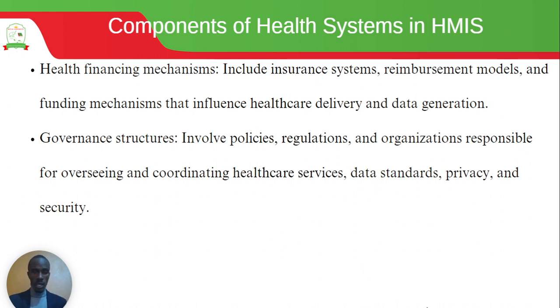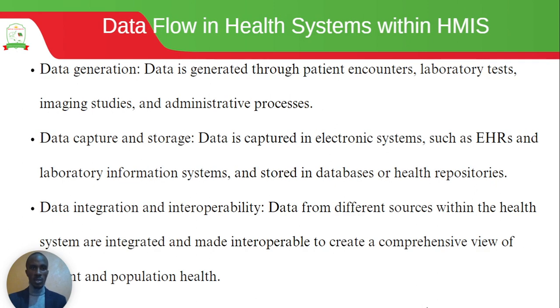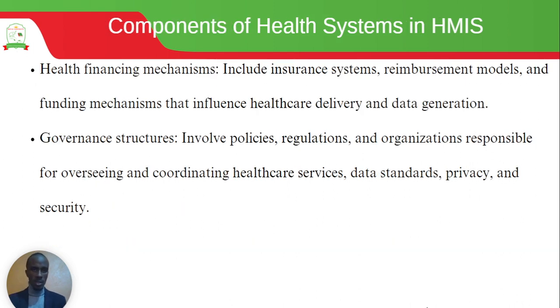They are also essential in promotion of privacy of the patients from whom this information is collected, and in putting in place standards of exchange of this health information. So those are the components of the health systems when it comes to health management information systems and their roles.